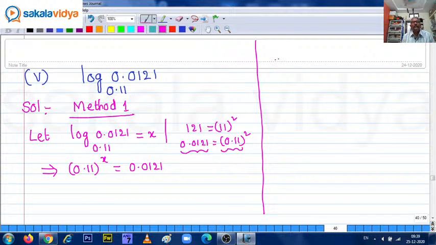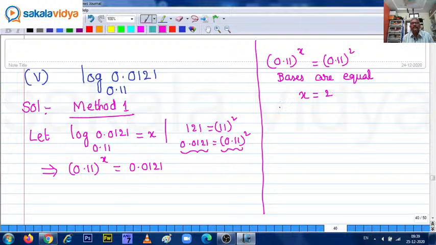So now 0.11 all to the power of x is equal to 0.11 whole square. The bases are equal now. So the exponents are equated. So x is equal to 2. Therefore log of 0.0121 to the base 0.11 equals 2.